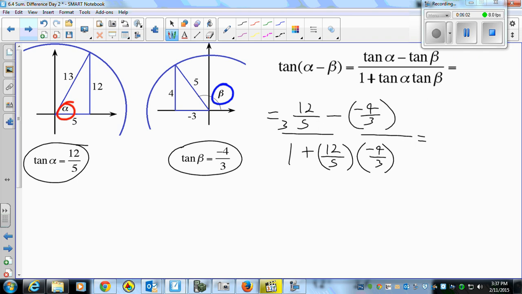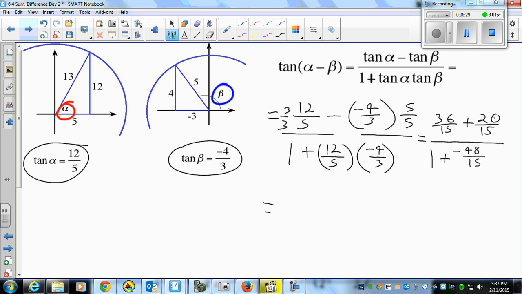So this is going to be 3 over 3, 5 over 5 multiplied by 1 so that I can get a common denominator. 36 over 15. Negative, negative makes that positive, plus 20 over 15, all over 1 plus negative 48 over 15.